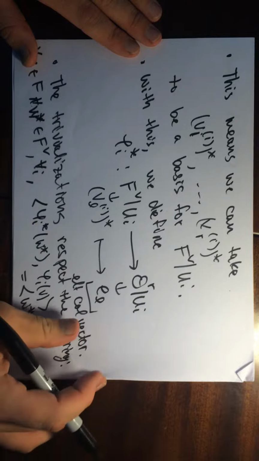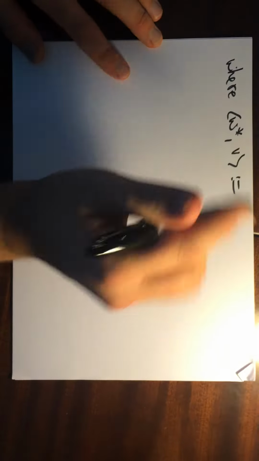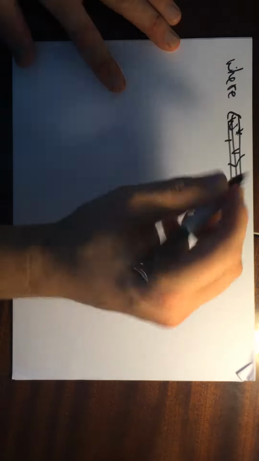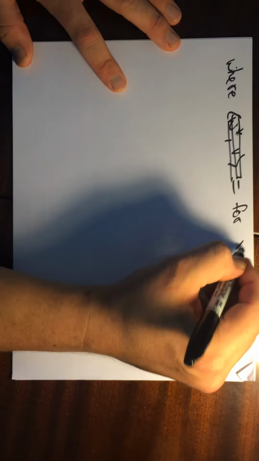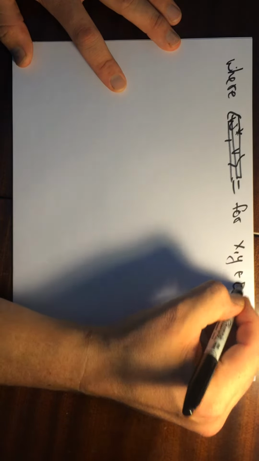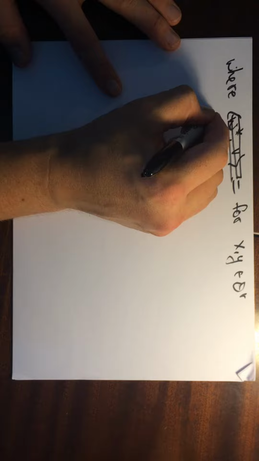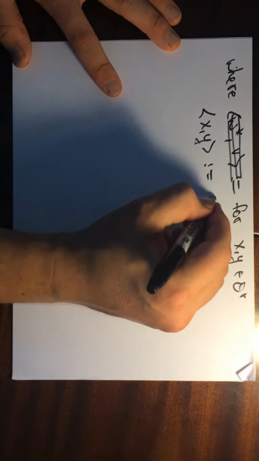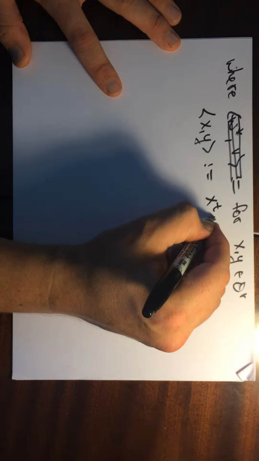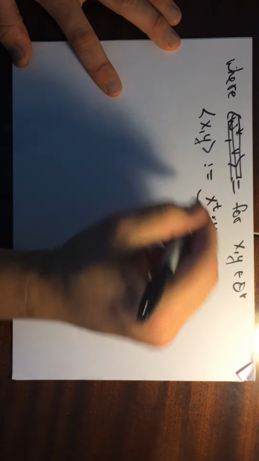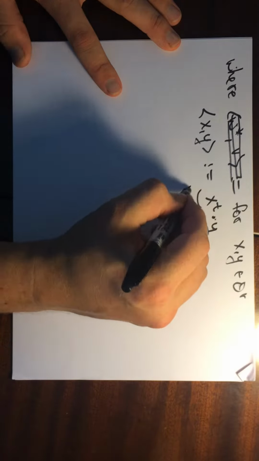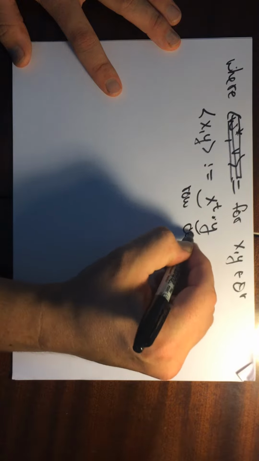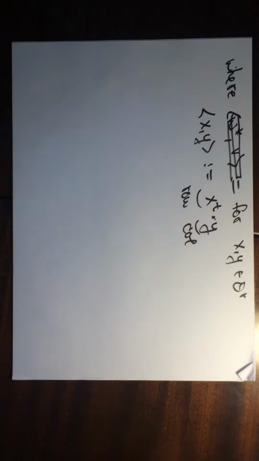Where for, let's say, x, y, elements of O to the r, the pairing of x and y is defined to be equal to x transpose times y. And so now this is taking a column vector, turning it into a row vector, and now this is a column. Okay, so this is the usual dot product.